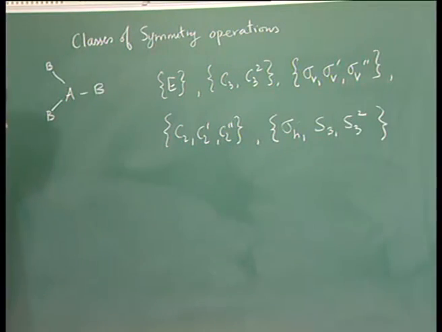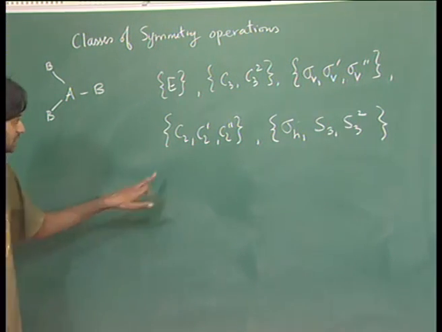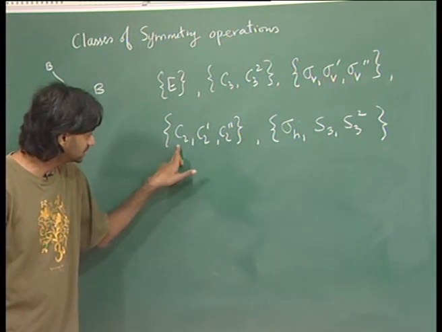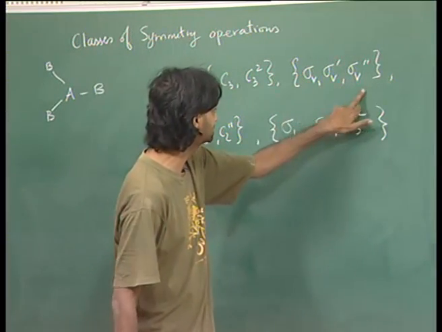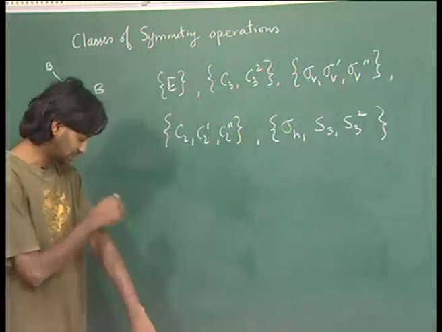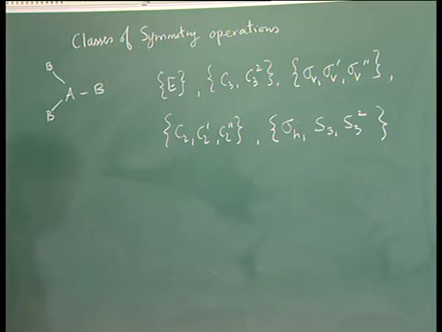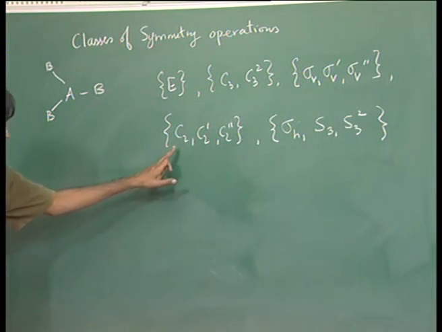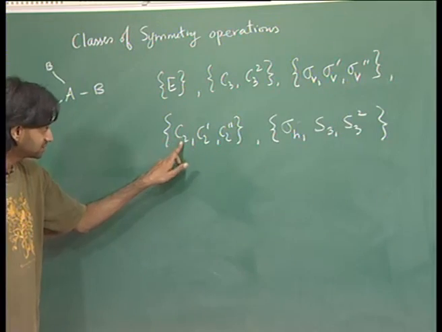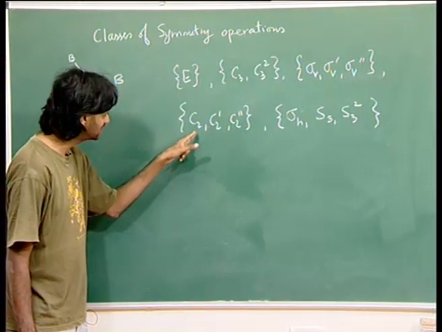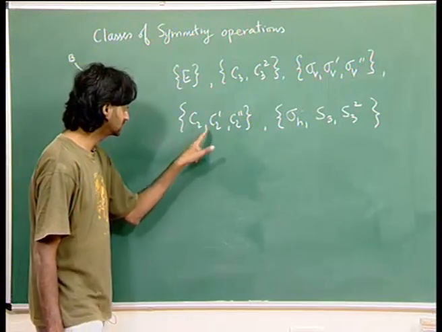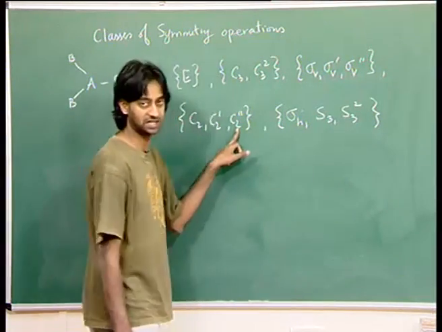So what we noticed is that C2, C2 prime, C2 double prime form a class. Similarly, sigma V prime, sigma V double prime form a class, and that immediately leads us to a suspicion, since we just said that the symmetry elements C2 prime and C2 double prime are equivalent elements.